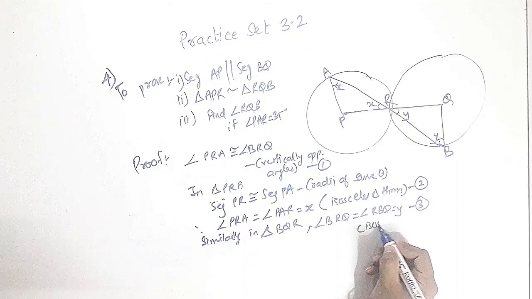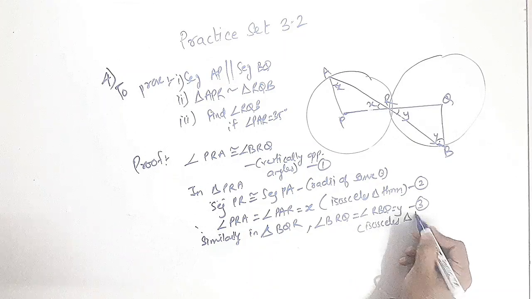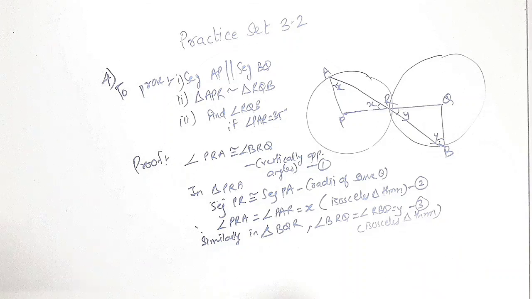This is the isosceles triangle theorem. Okay, point number 2, point number 3.